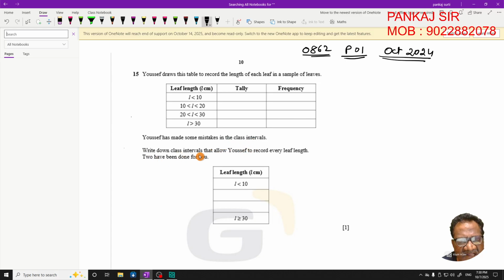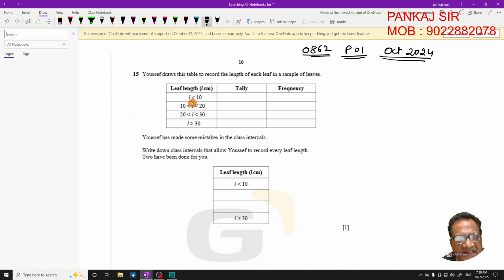Write down the class intervals that allow Yusuf to record every leaf length. Two have been done for you. In the question he is saying that these class intervals are not all correct. You have to do the correction in the remaining 2.